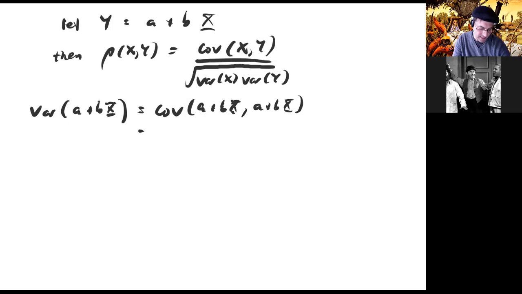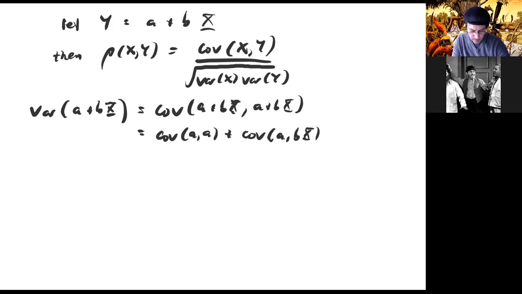And if you expand it out, using the bilinearity property, you'll get the covariance of a with a, plus the covariance of a with bX, plus the covariance of bX with a, and lastly, we add the covariance of bX with bX.